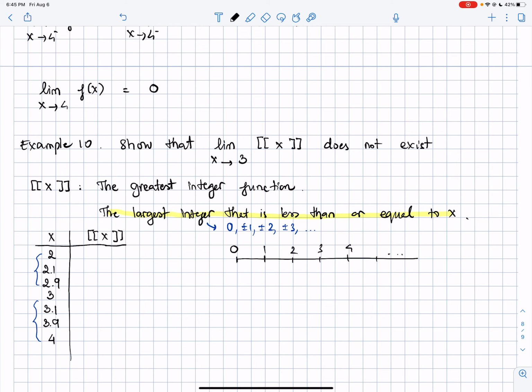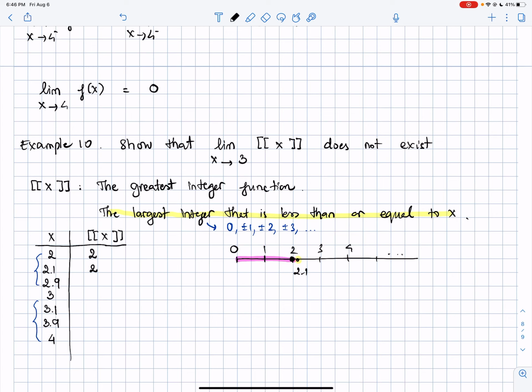If x equals 2, then the largest integer that is less than or equal to 2 is 2. And if x is 2.1, which is right here, then the numbers less than 2.1 are the ones in the pink shaded region. So we pick the radius integer, which will be 2.